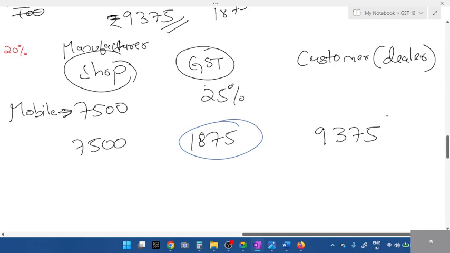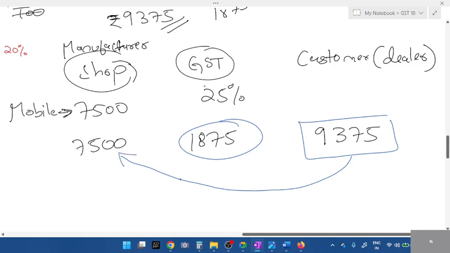When you buy a mobile phone, you pay this 9,375 to the shopkeeper. What is the shopkeeper's investment? How much did the shopkeeper buy the phone for? 7,500. So he would take 7,500 from this 9,375. He'll take his amount, and the remaining 1,875, the shopkeeper will pay to the government in terms of tax.